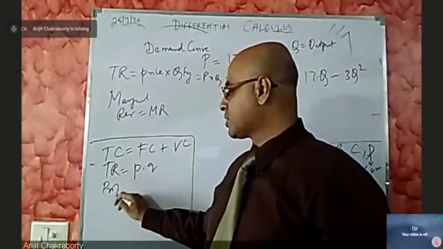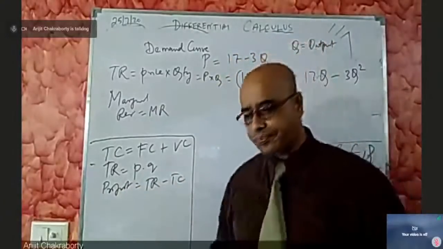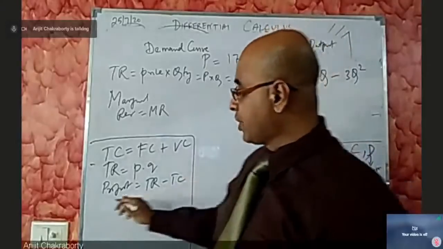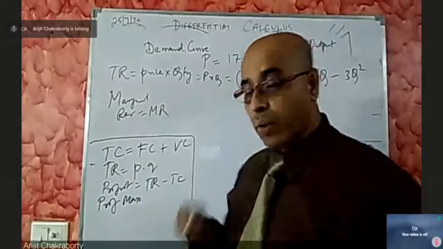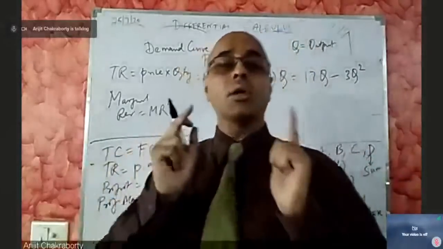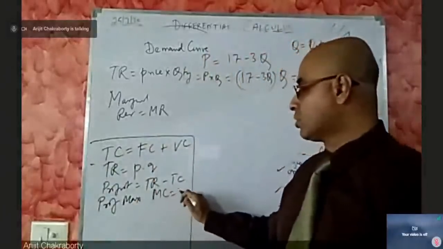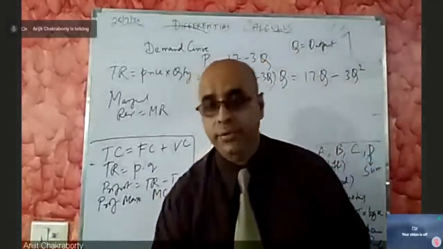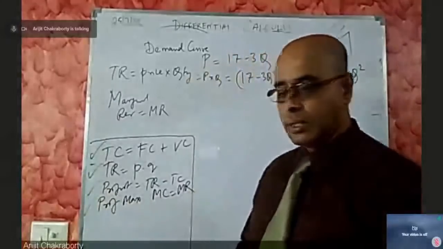Profit is nothing but total revenue minus total cost. And you also know that profit becomes maximum when the marginal cost is equal to marginal revenue. So when MC equals MR, you have the maximum profit. This I think is known to all of you. 1, 2, 3, 4. Right?